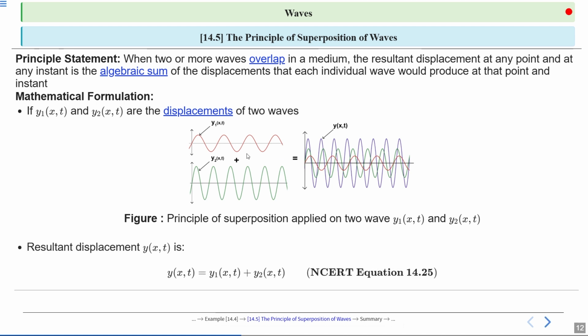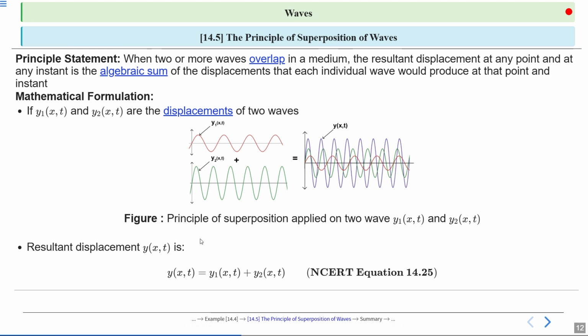Resultant displacement y of x t is y1 x of t plus y2 x of t. Their amplitude increases after addition. All right. So this equation is very important.